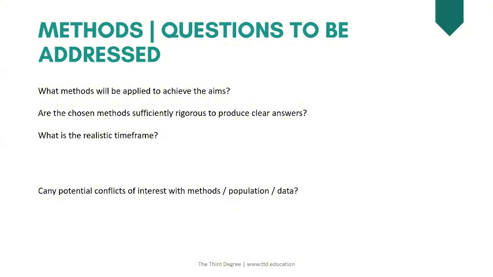So, for example, maybe we're doing government-funded research. The data that we may obtain may not look favorable on the government. And therefore, that might be considered a conflict of interest because they're going to say, you can't publish this.